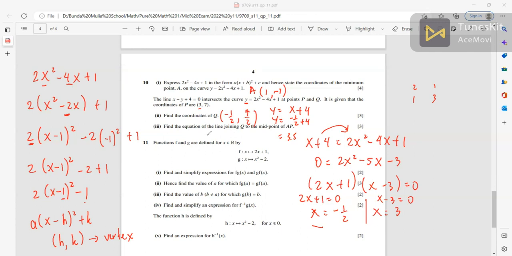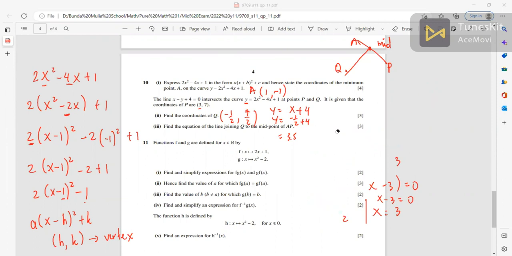For the third one, find the equation of the line joining Q to the midpoint of AP. So we have the joining line from Q to the midpoint of AP.